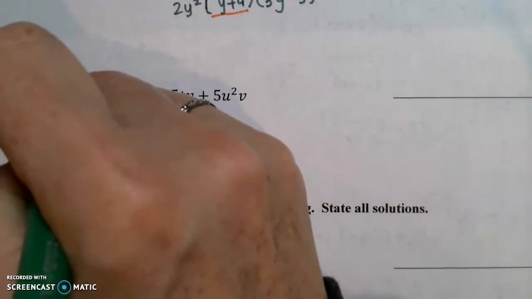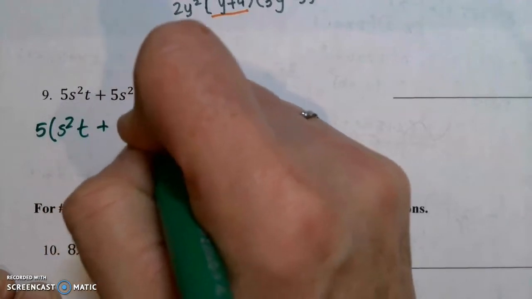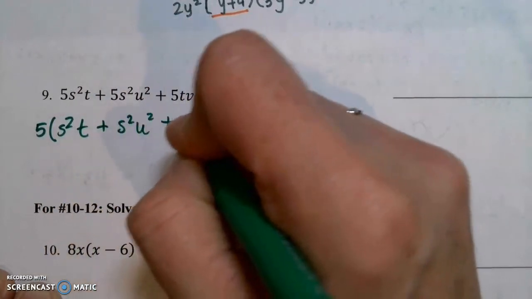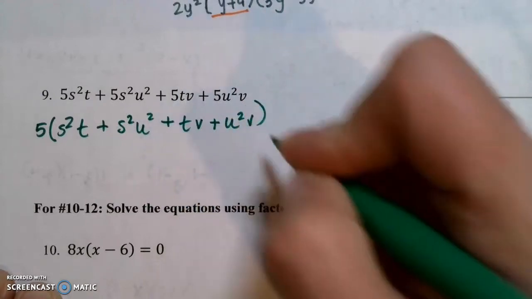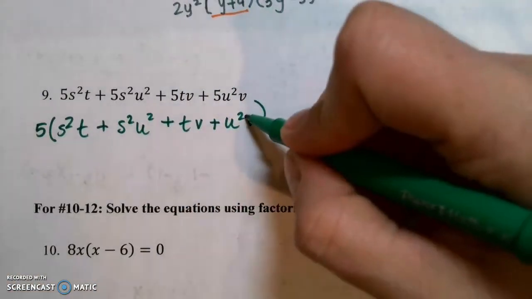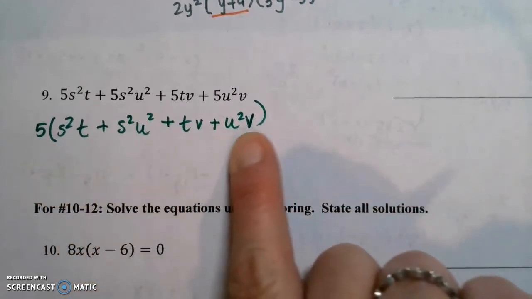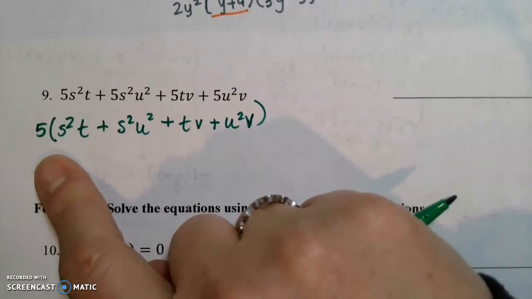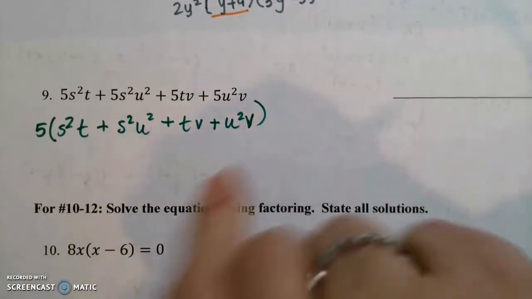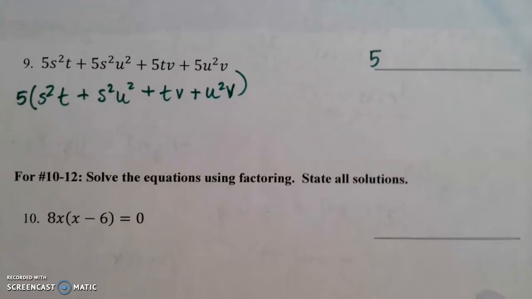If there's something more than that with the variables, then I should be able to see it once I have factored out that 5. So just check through and make sure. Now, is there anything that's common to all 4 terms once we pull the 5 out? And that is going to be a no. So I will put the 5 over here in my answer blank so I don't forget that greatest common factor.